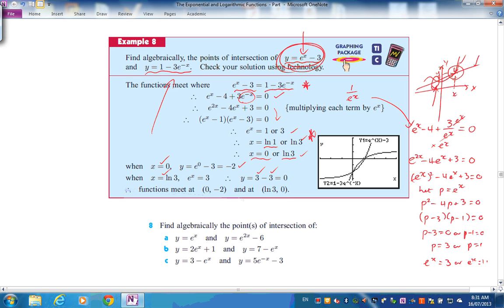Okay, are you ready then to make your answer? So the answer is 0, neg 2, that's this value, and ln 3 and 0. And you can check it with technology in graph mode.